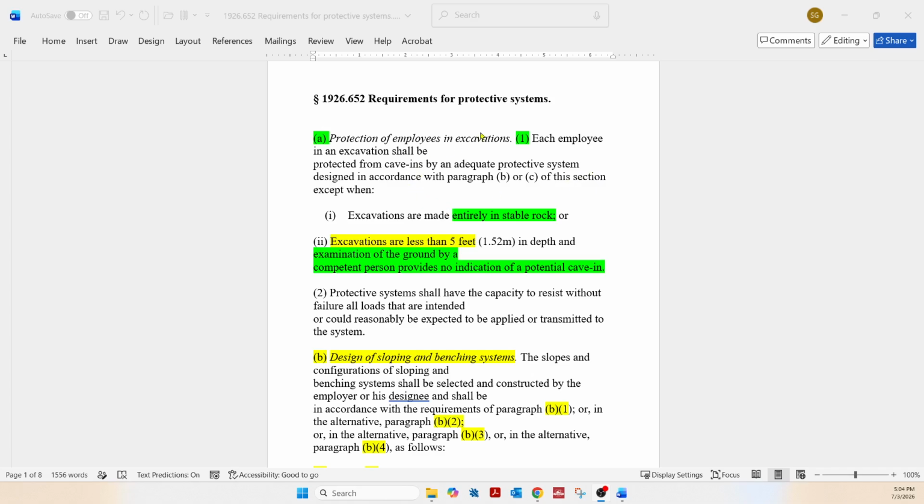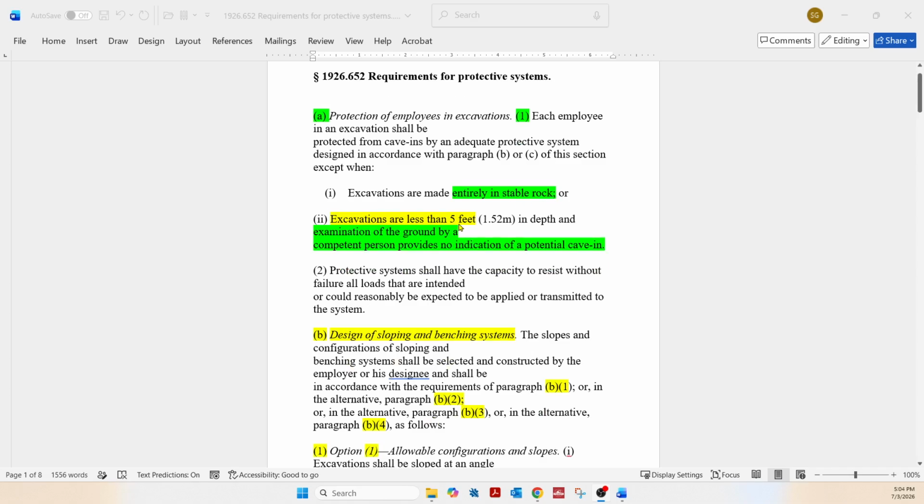Okay. Except when excavations are made entirely in stable rock, or excavations are less than 5 feet in depth and examination of the ground by a competent person provides no indication of a potential cave-in.